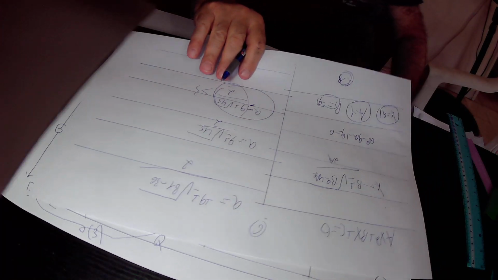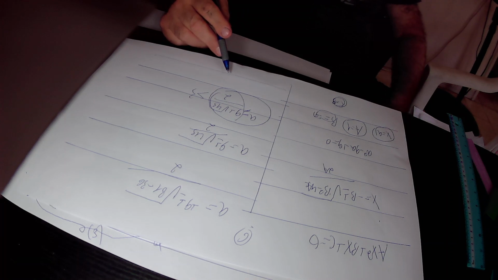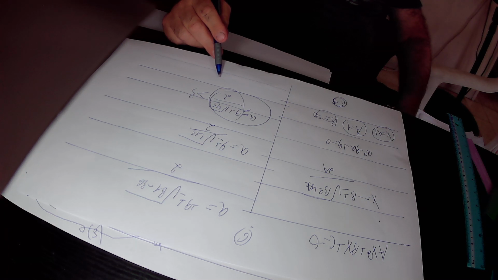So the solution that gives a radius greater than 3 is not correct, because the radius of the small circle must be less than 3.